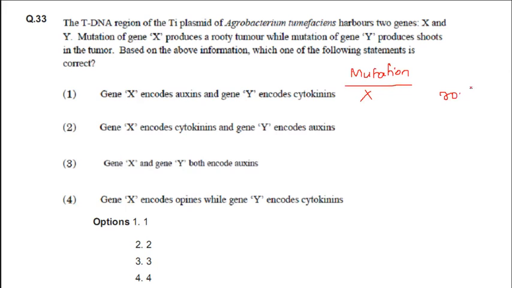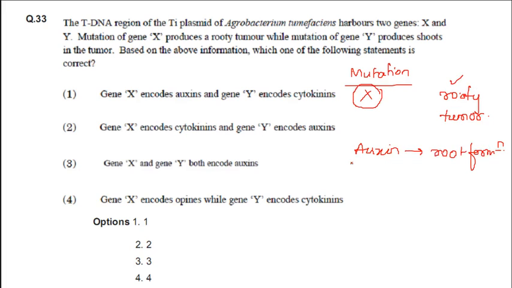We know that auxin helps in root formation. Here root formation is there, that means root production is there. That means in the first case auxin production is normal, the auxin gene is active, but there is no shoot production.